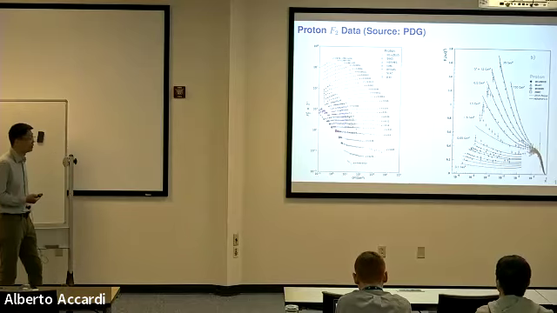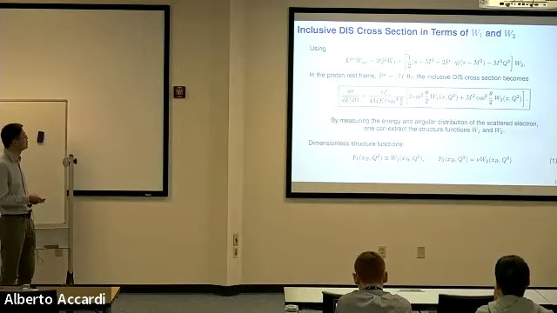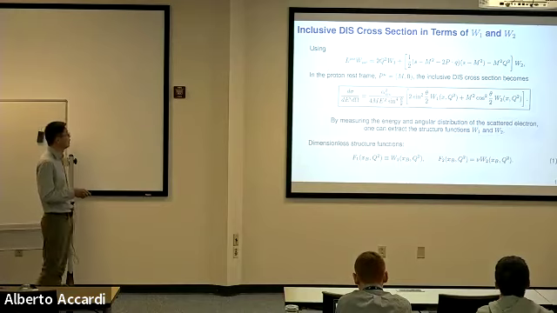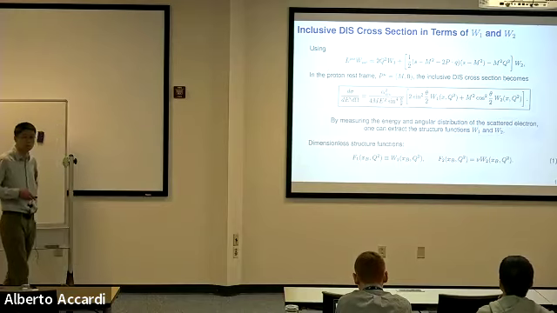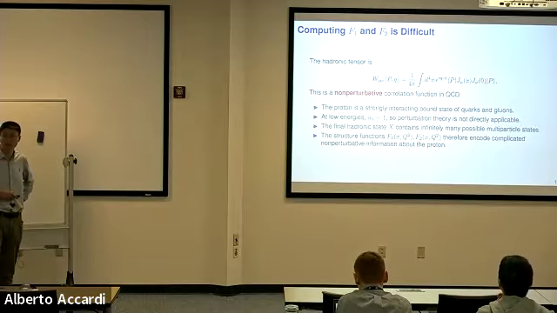These quantities are indeed measurable from experiment. So how do we actually calculate this? So we have data, and what does QCD theory tell us about F1 and F2? That's what we are going to talk about in the rest of the lecture.